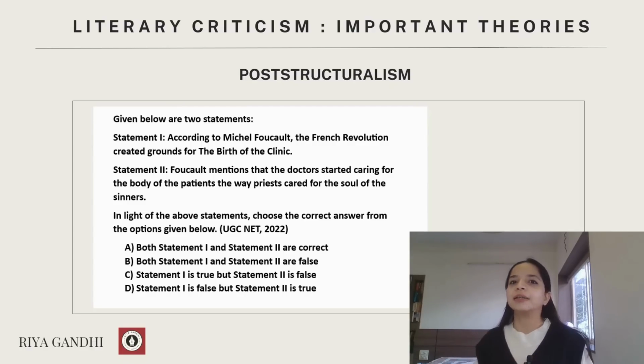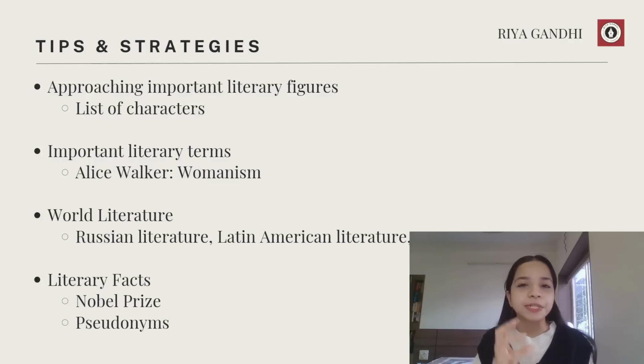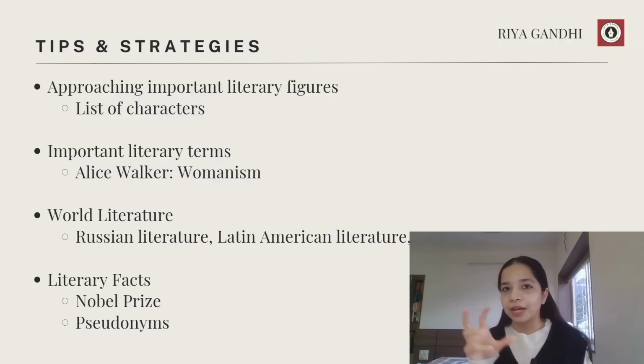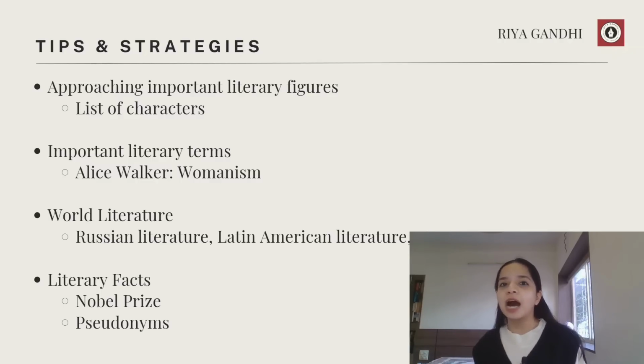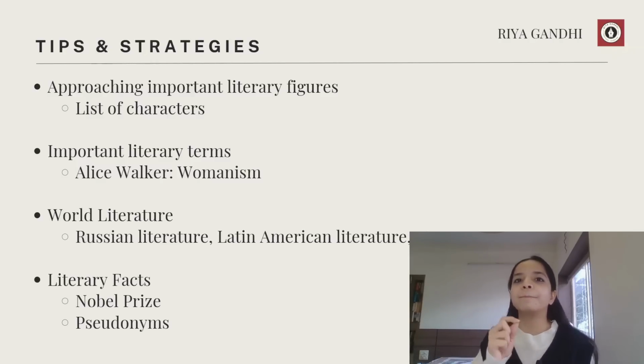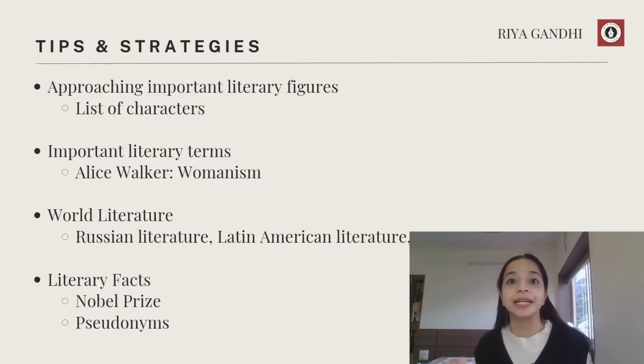Having covered the most important topics and categories which are frequently asked in the UGC NET English exam, here are some tips and strategies which would help you in approaching the day of your exam. Remember, we talked about the important literary figures like Chaucer, Shakespeare and Charles Dickens, and we discussed how most of the time important questions are asked related to the characters of their works. So how are you going to approach that? Make a list.